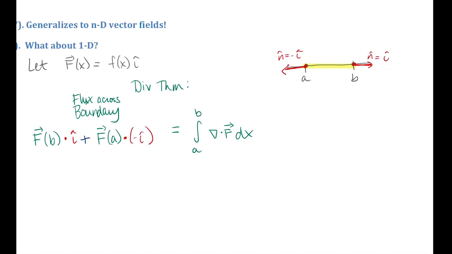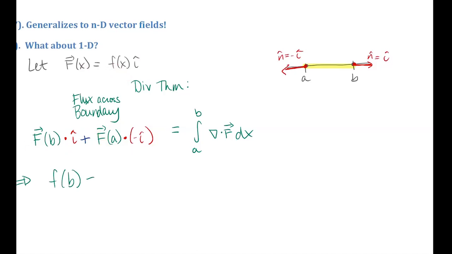But let's actually interpret this and see where it gets us back to. So this first quantity here, if I plug in b for x here and then dot it with the vector i hat, I'm just going to be left with little f of b. And then similarly, if I do that with this quantity, I'm going to be left with negative little f of a.